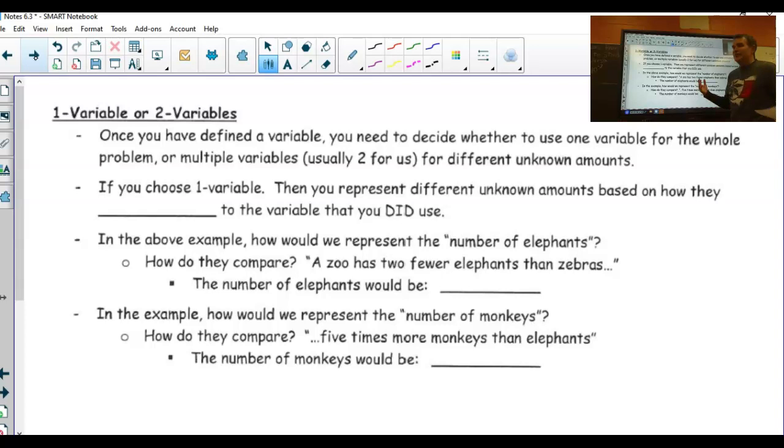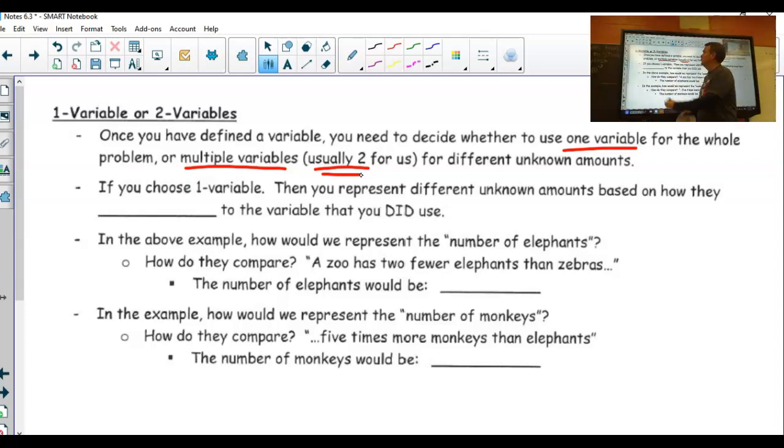Next, are we going to use one variable or two? In this example, I've used one variable, but I want to talk about maybe using two. Once you have defined a variable, you need to decide whether to use one variable for the whole problem or multiple variables. For us, multiple variables is usually 2, but in this case, it would need to be 3 for different unknown amounts.